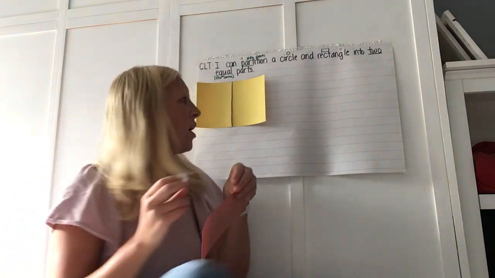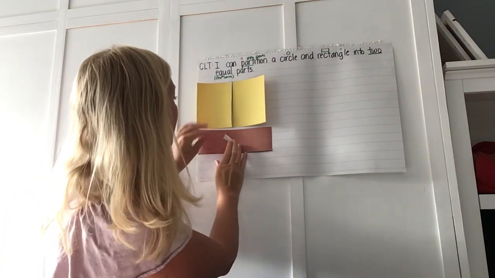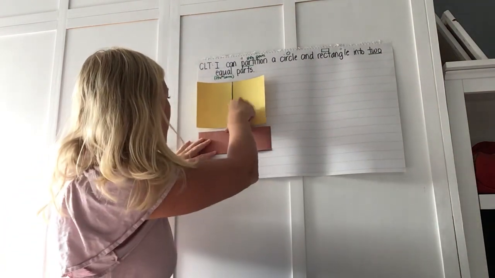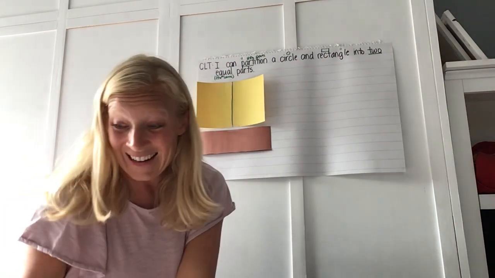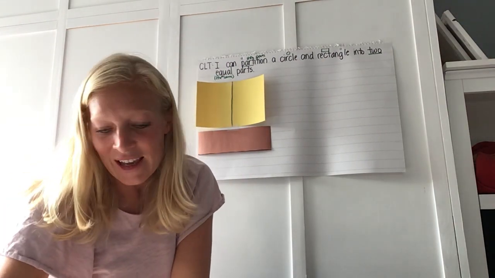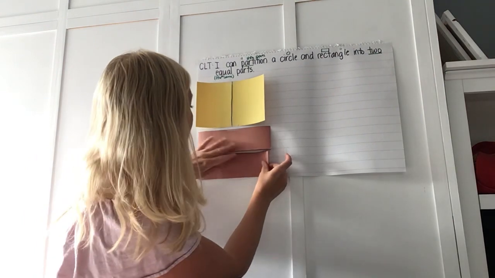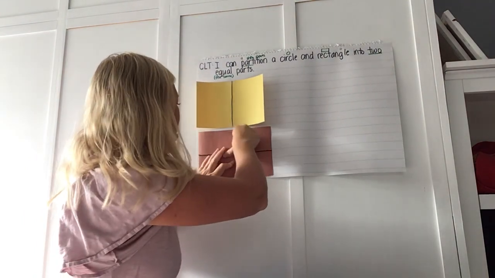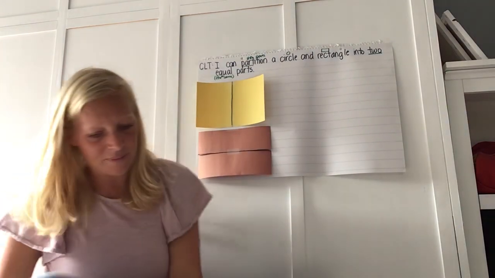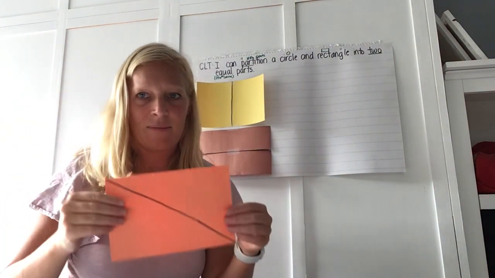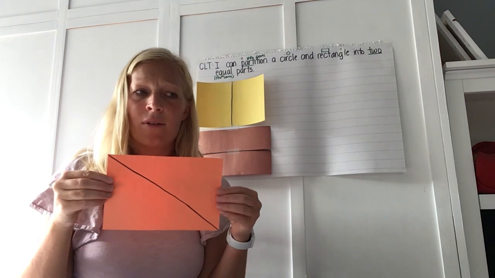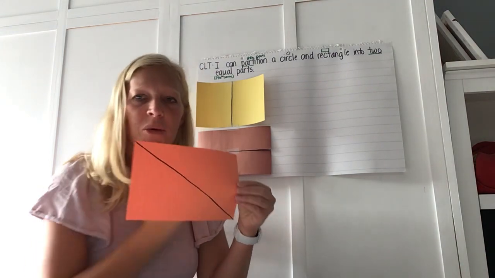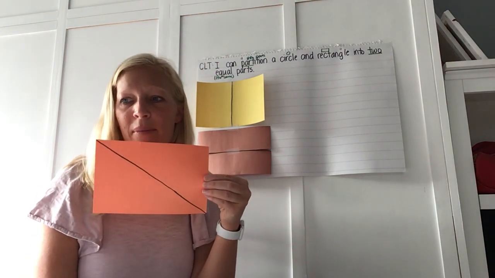I did see one other person had a different way of making or dividing or partitioning this rectangle into two equal parts. Let's see. It's a tricky one. If you think this one is a way of showing two equal parts, put your thumb up.